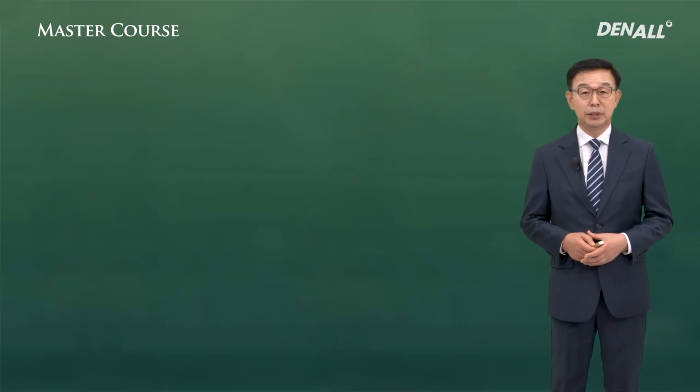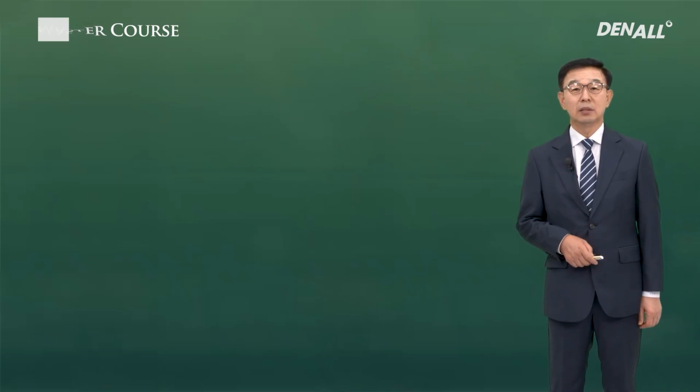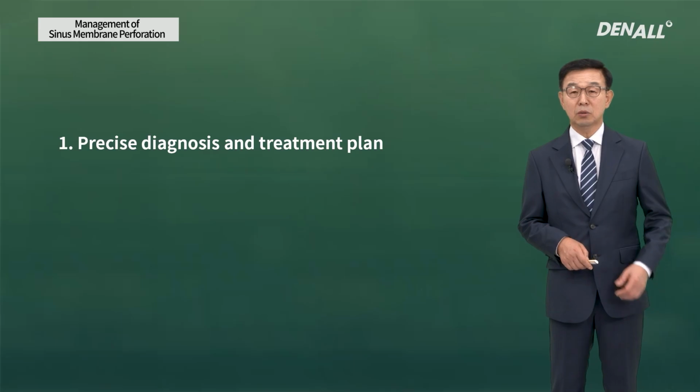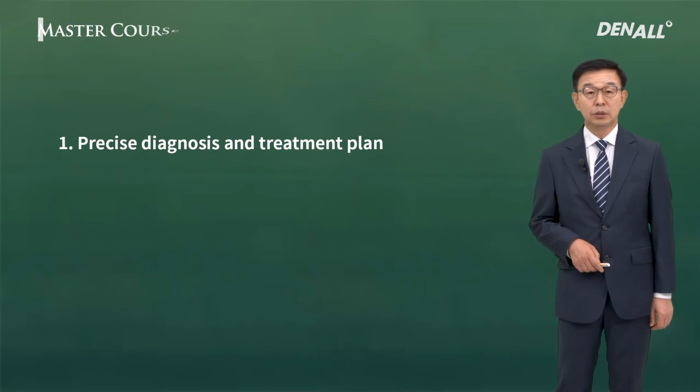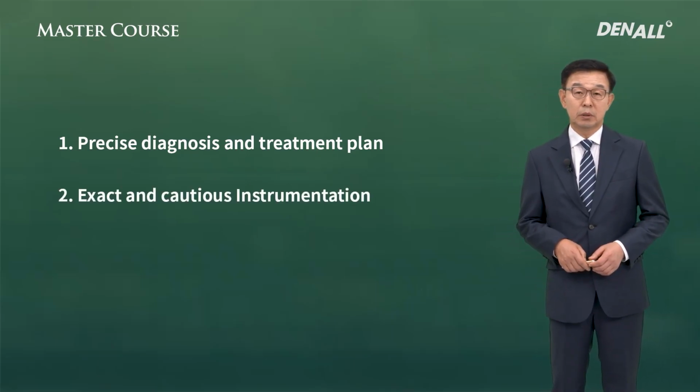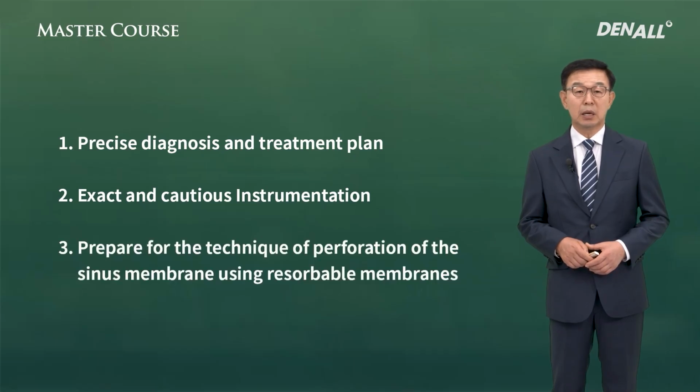The most tricky thing with lateral window approach is sinus membrane perforation. Ways to prevent sinus membrane perforation: you need to make accurate diagnosis before surgery. When you do the sinus lift, careful use of the device is very important.